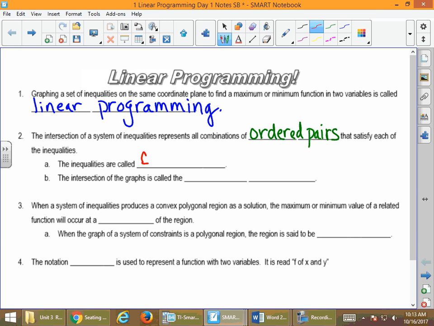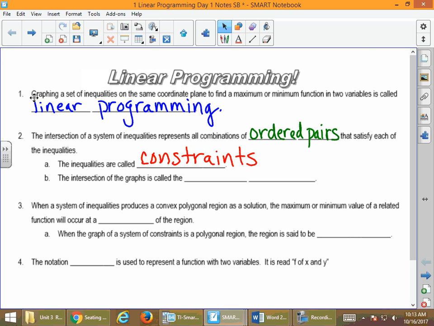They're called constraints. And when we're graphing inequalities, remember that implied in an inequality is that it needs to be shaded, and it never says shade. But the intersection of the graph is called the feasible region.